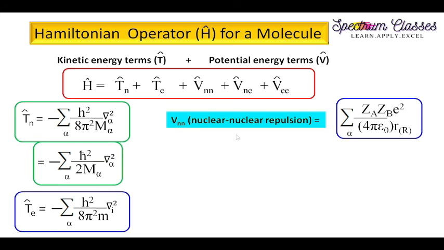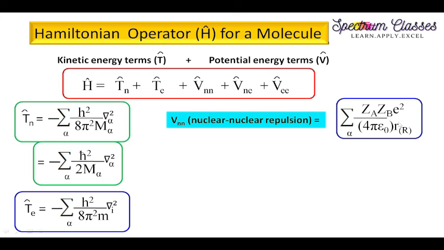Similarly, I will also elaborate all the potential energy terms here. The potential energy term for nuclear repulsion is ZA ZB e square upon 4 pi epsilon 0 R, and here I have written this subscript R since ZA and ZB are the charges on the nuclei, right?